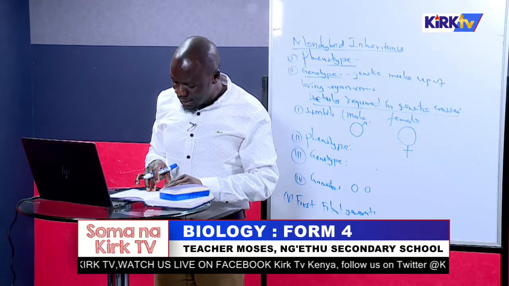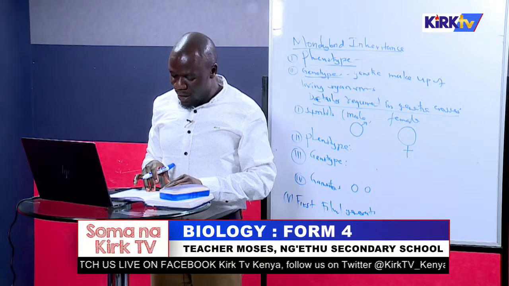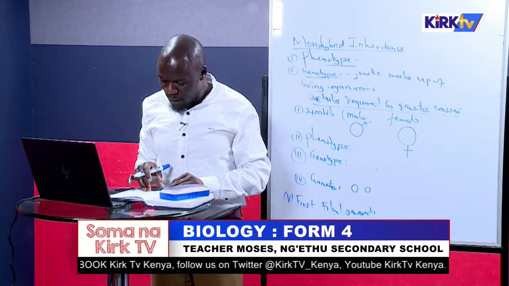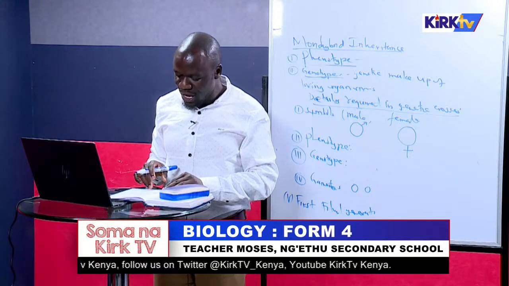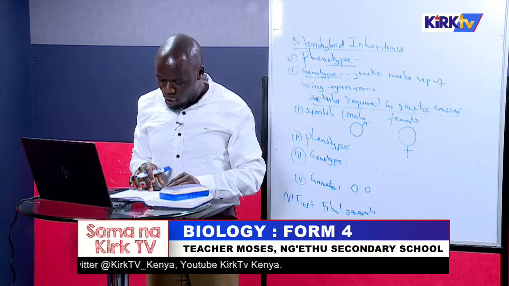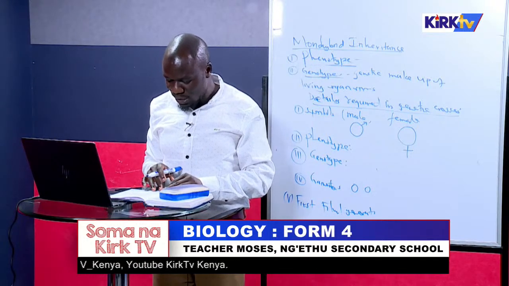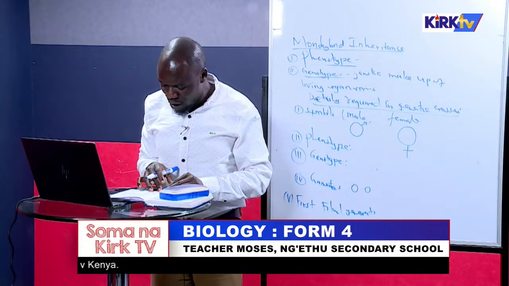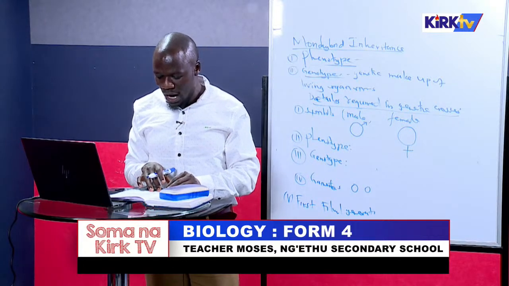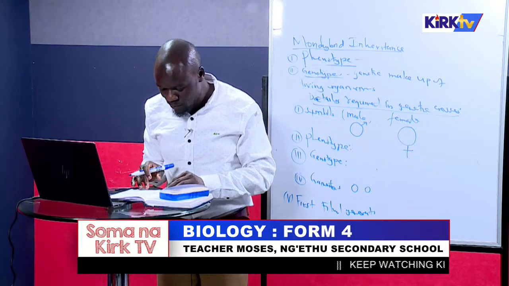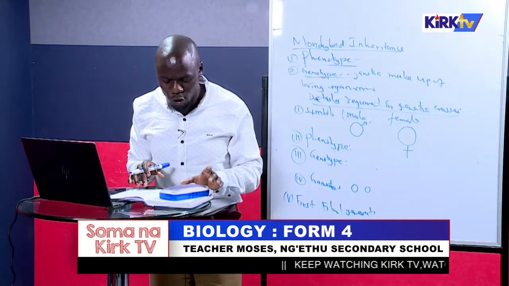Pea plants with red flowers were crossed with pea plants having yellow flowers. Both parents are homozygous. Work out the genotypes of the offspring, hence represent the F1 generation.